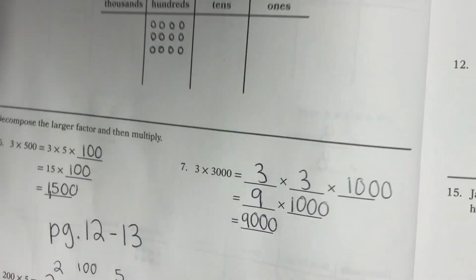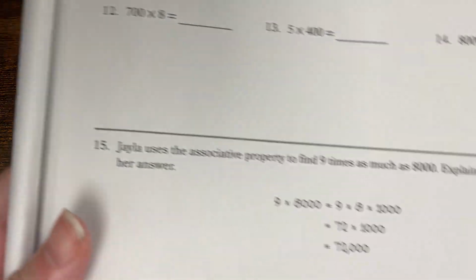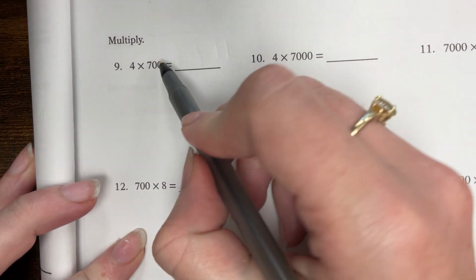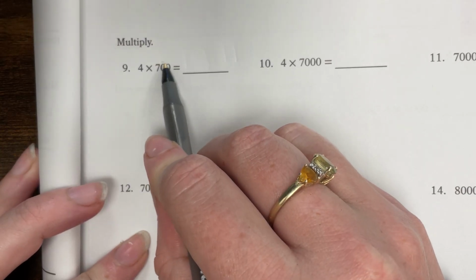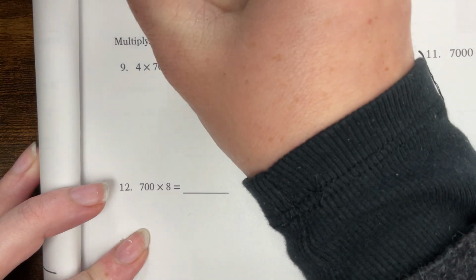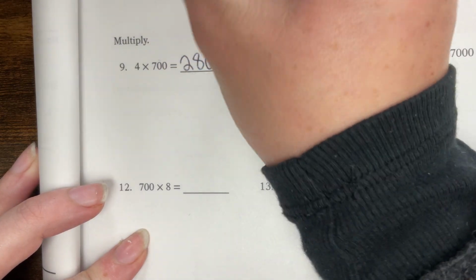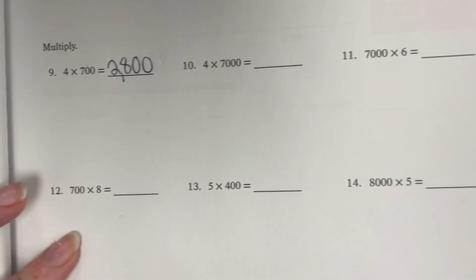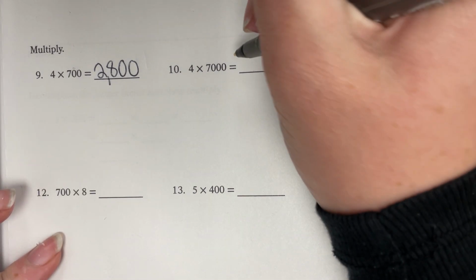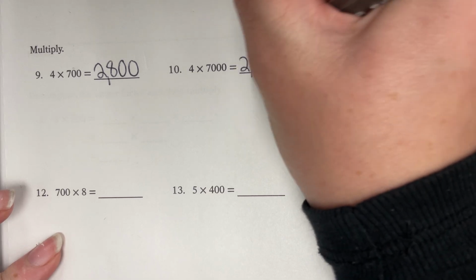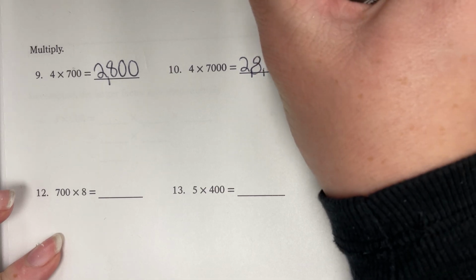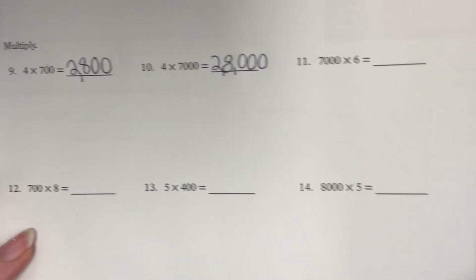Okay, let's look up here at the top. Flip over to page 13 and you're checking your work right along with me. We're going to go a little bit faster here. 4 times 7, 7, 14, 21, 28, with 2 zeros for 2,800. 4 times 7, 7, 14, 21, 28, sorry, with 3 zeros for 28,000.